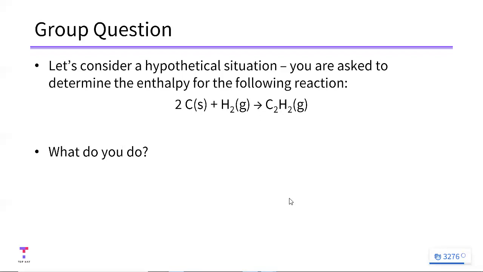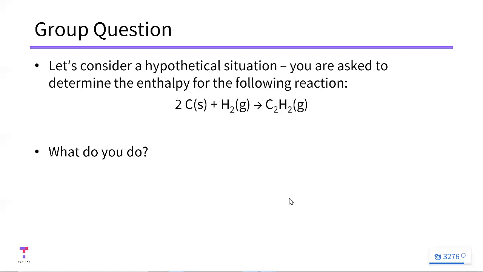Can't really use calorimetry because neither of these are in solution, and neither would go into solution very easily either. Carbon as a solid, I have to worry about surface area. Hydrogen, I've got to keep it at some kind of a pressure. There's no real good way to measure this.